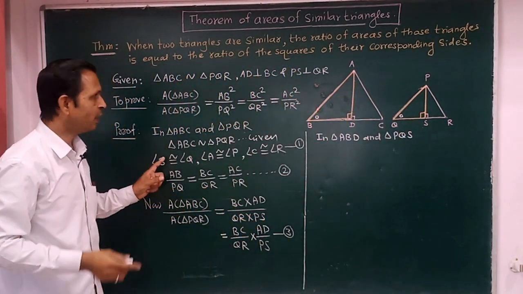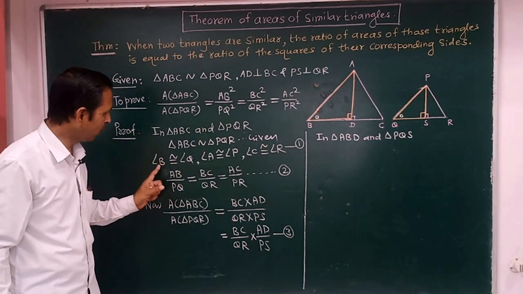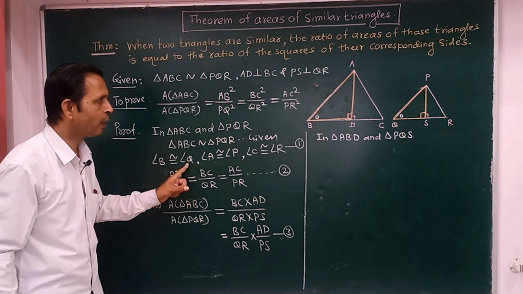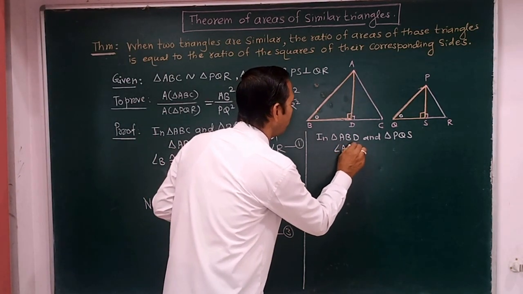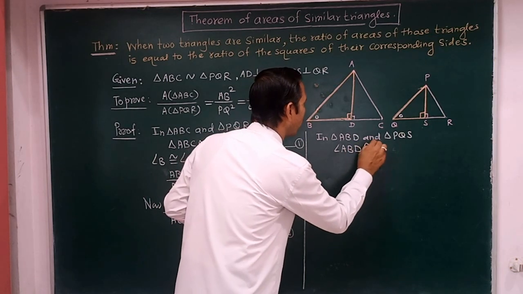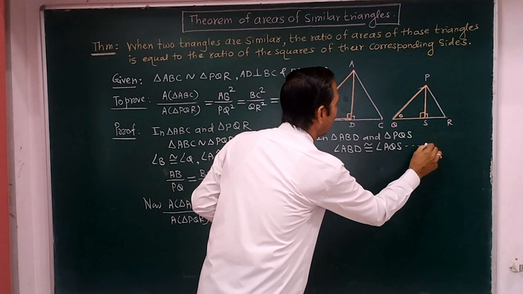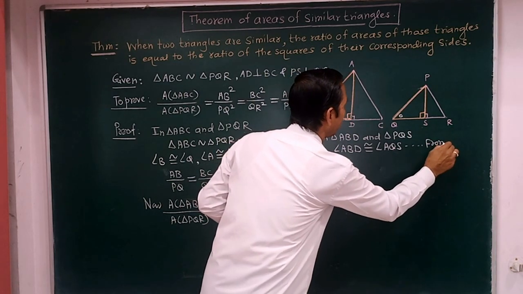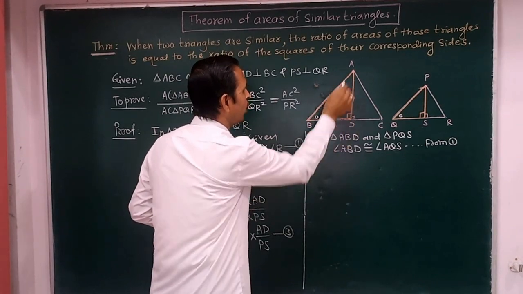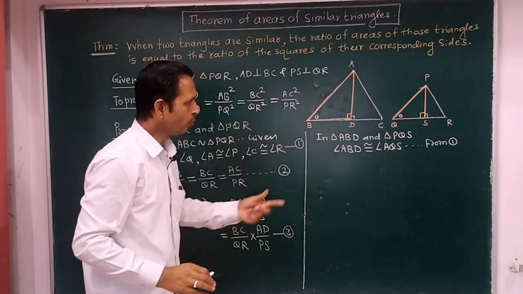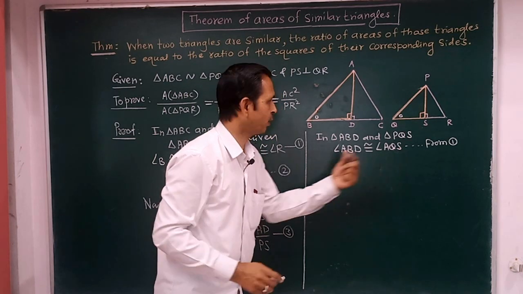Because the triangles are similar, we know, and that's why we write here the statement angle B is congruent with angle Q. Then write the first statement, that is angle ABD is congruent with angle PQS. Why? Because from statement 1, angle B means ABD or ABC, so angle ABD is congruent with PQS.